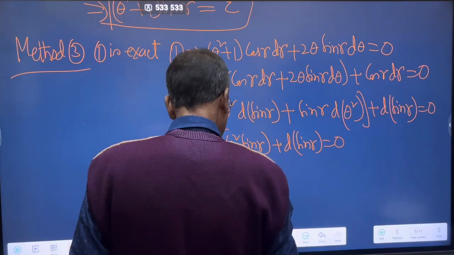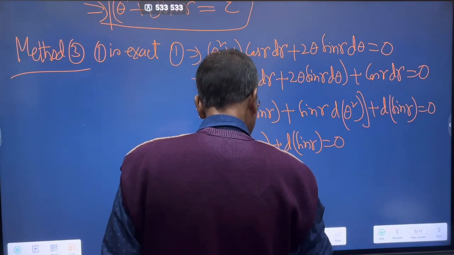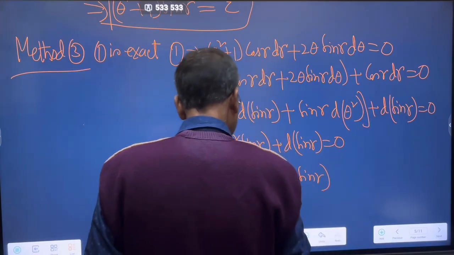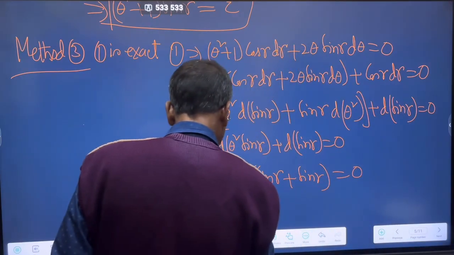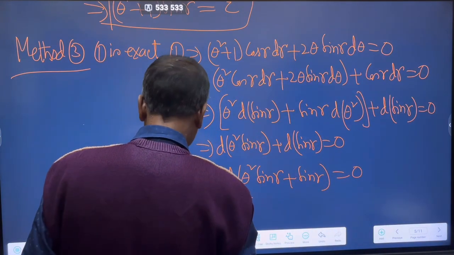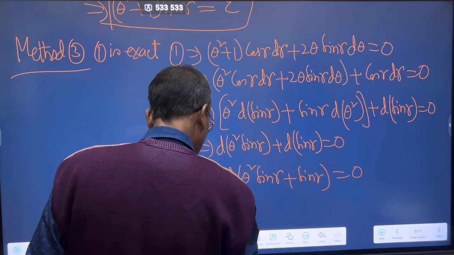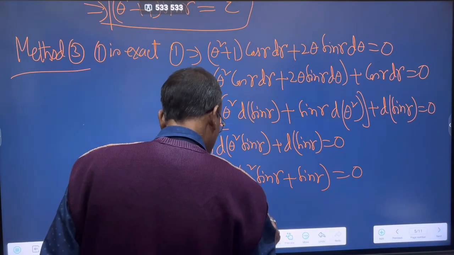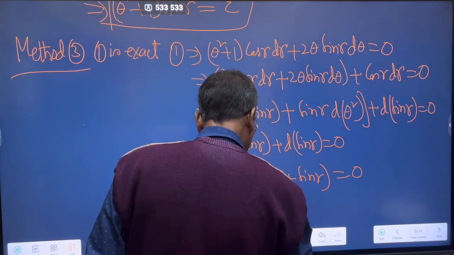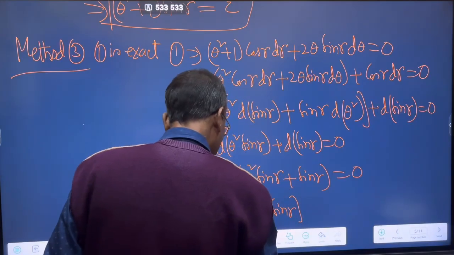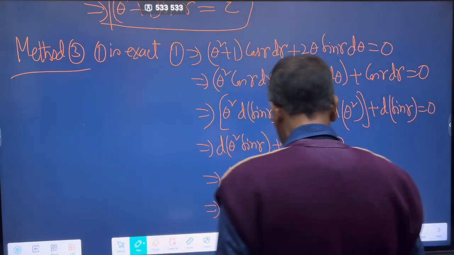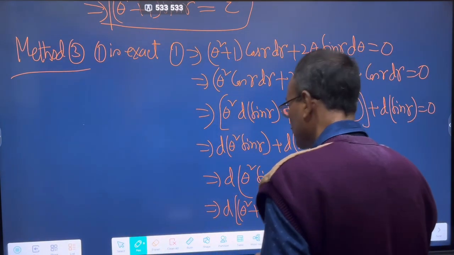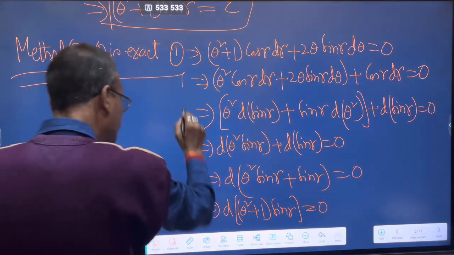d of (theta square plus 1) sin r equal to 0. This means d of (theta square plus 1) sin r equal to 0.